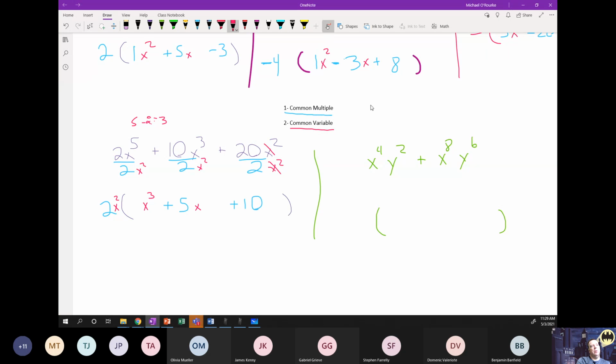Okay, so do I have common multiples? No, there's no numbers in front of it, right? But what's my common variables? Can we take a stab at that? Who thinks they can tell me what my common variables are?